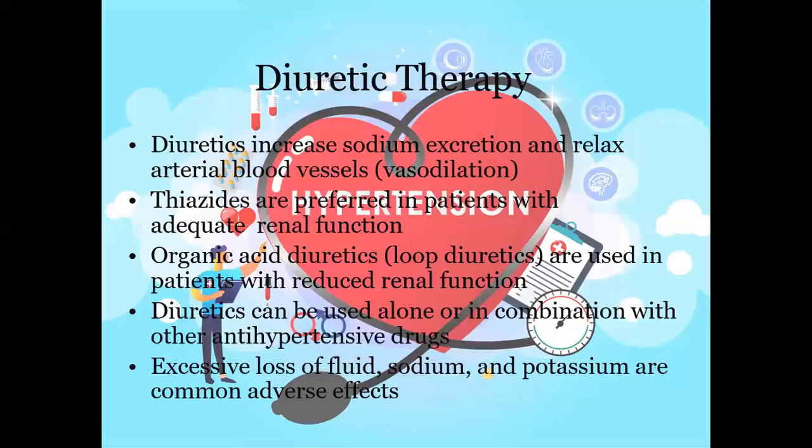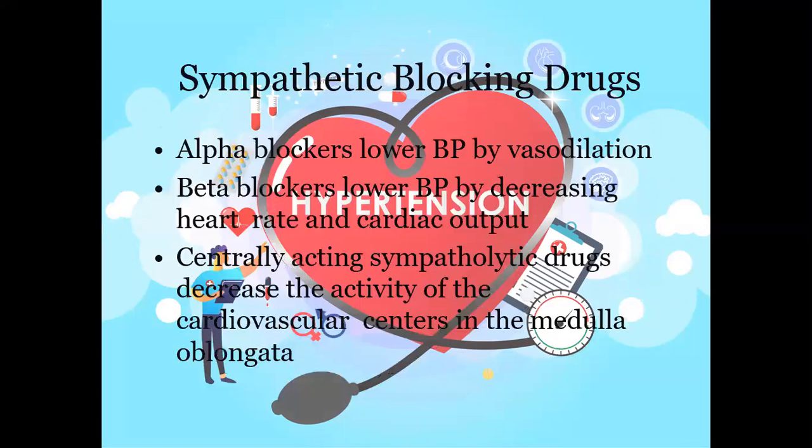Thiazides are preferred in patients with adequate renal function. Loop diuretics are used in patients with reduced renal function. Diuretics can be used alone or in combination with other antihypertensive drugs. Excessive loss of fluids, sodium and potassium are common adverse effects.